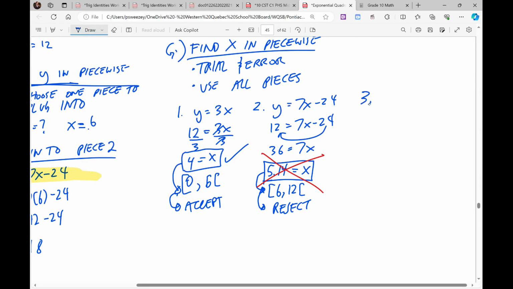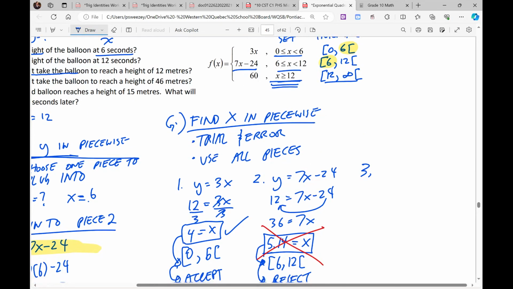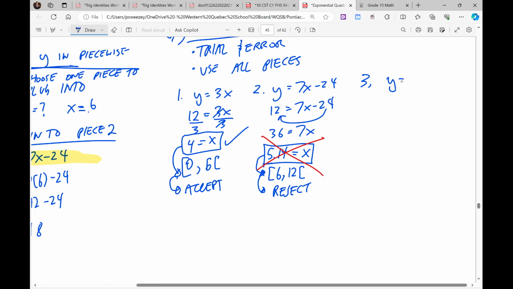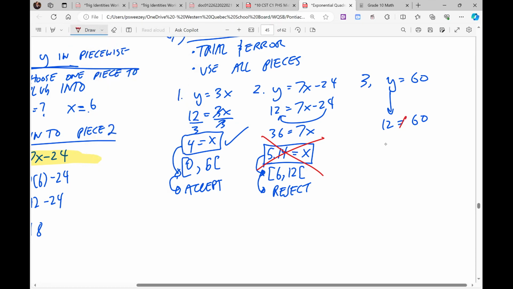Now, the third one is the one that'll likely trip you up the most. You see where it says 60? Well, it's saying y is equal to 60. There's nowhere to solve for x, but essentially when I plug in, 12 is equal to 60, those do not match. So we can reject that one as well.